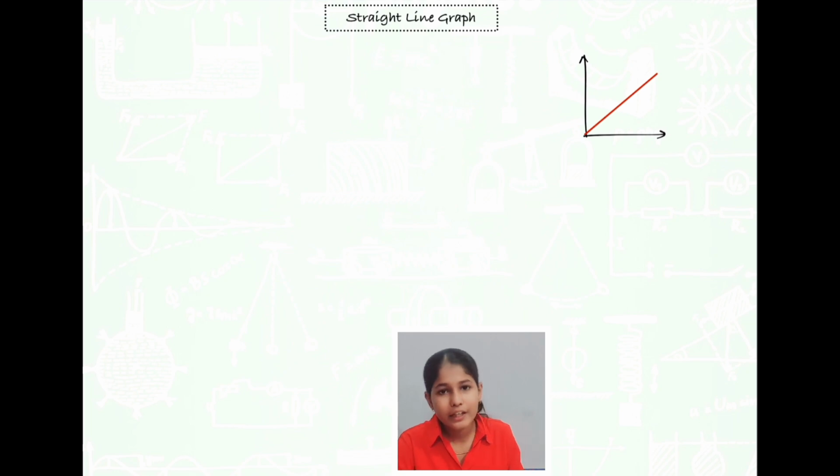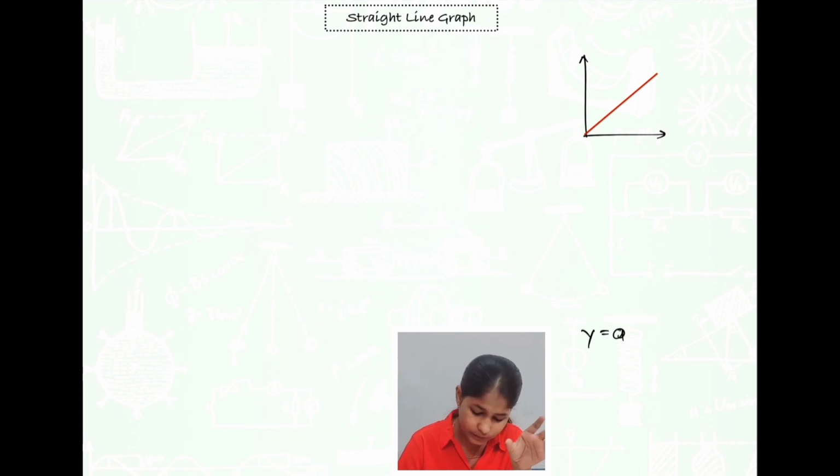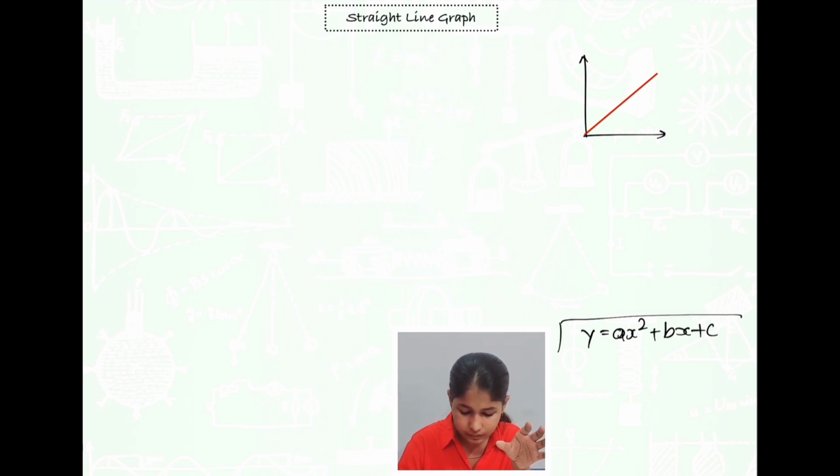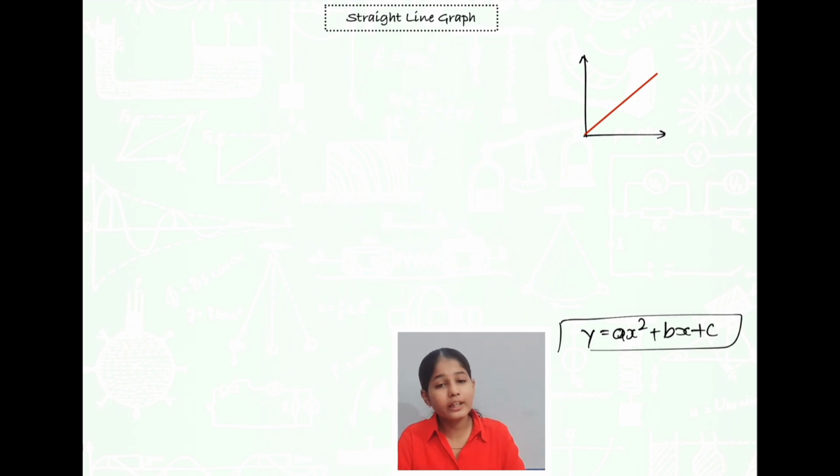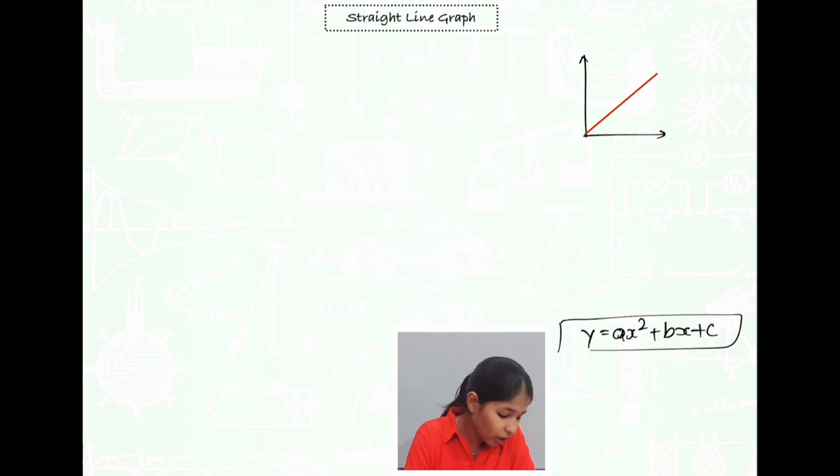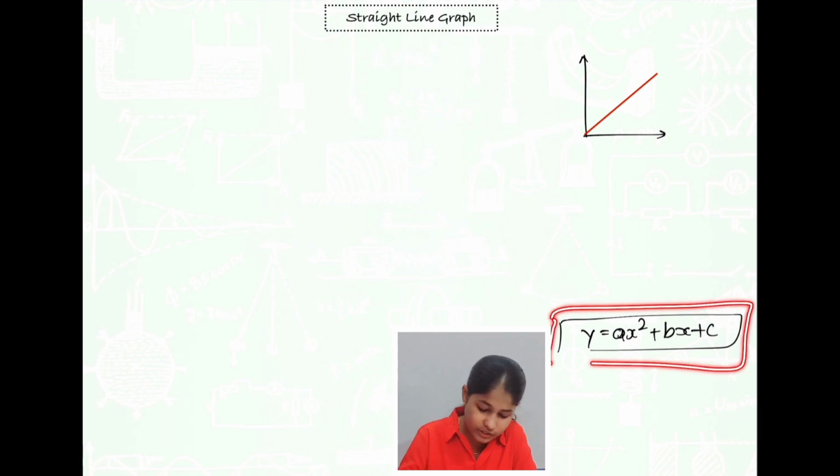For example, if I take the quadratic equation, it will always be in the form of y is equal to ax square plus bx plus c. And what is the importance of this general formula?